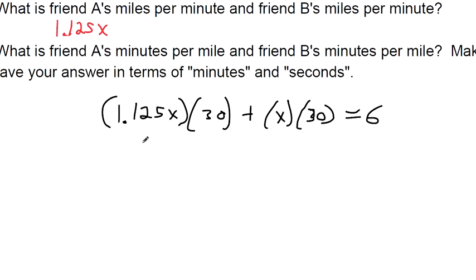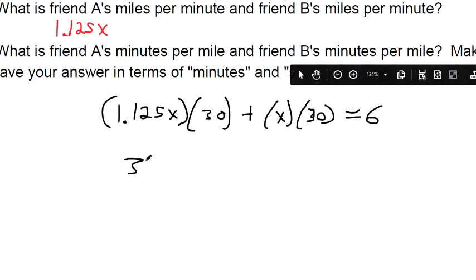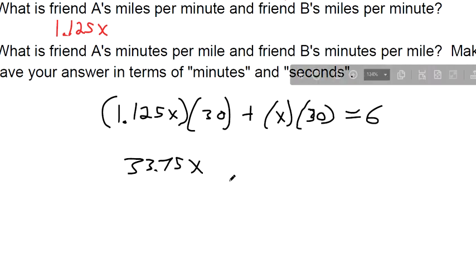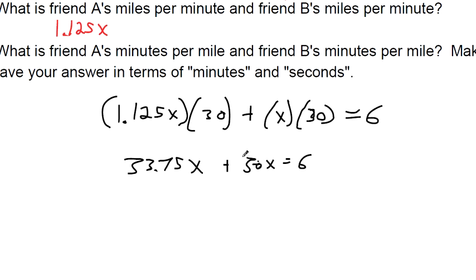Okay, so now I can solve this equation. We can multiply in whatever order we choose if there's 3 or more numbers that are multiplying to each other. So I'm going to do 1.125 times 30. And then we got 30x. That equals 6. And now you can combine like terms. We have 33.75x plus 30x.